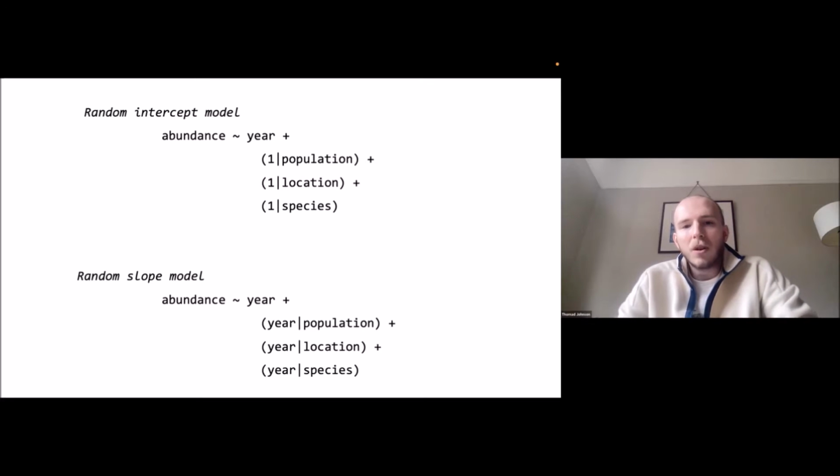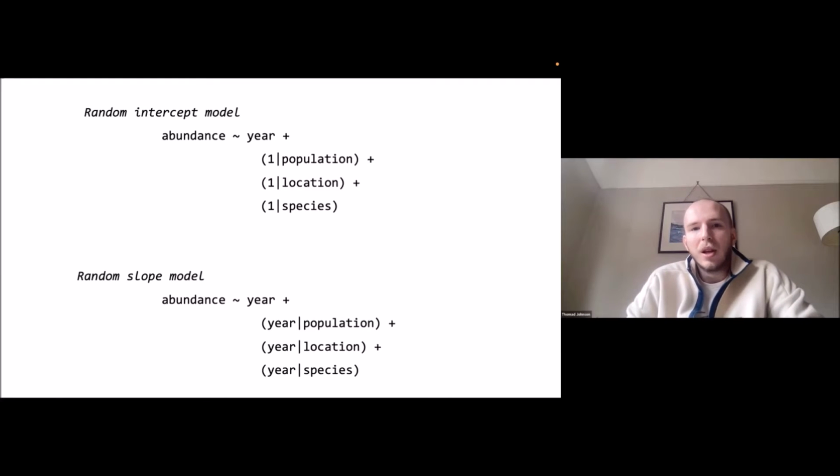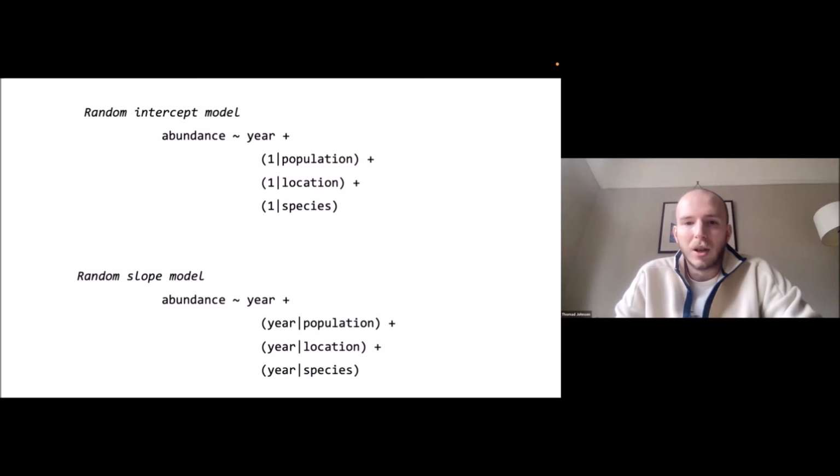Now, the slightly more complicated version, which would currently be considered cutting edge in the literature, is a random slope model. And here again, the objective is to derive this abundance-year coefficient, the change in abundance over time. But this time, instead of just specifying the difference in mean between different populations, locations, and species, they're specifying a different abundance-year trend in different populations, locations, and species.